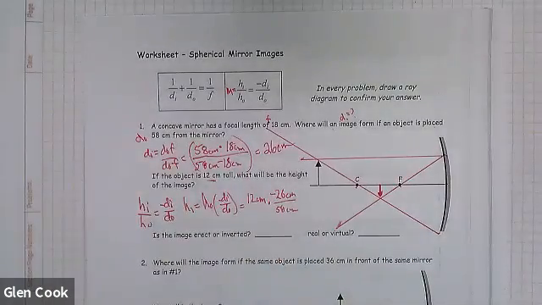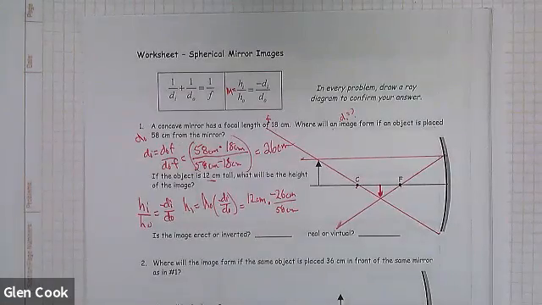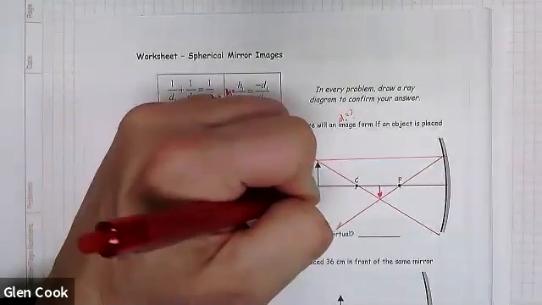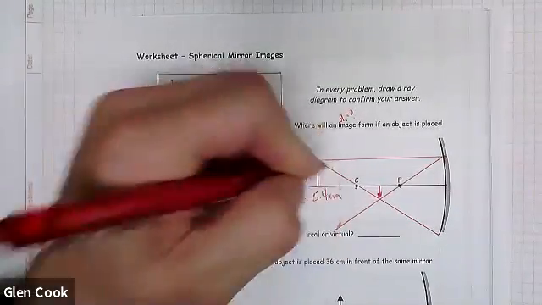So 12 times 26 divided by 58, 5.5, or it is negative 26 over 58. And so we get negative 5.4 centimeters tall.